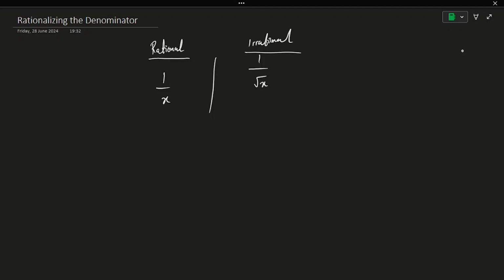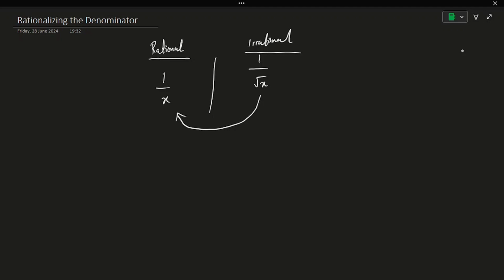So the main idea of rationalizing the denominator is making sure that you are moving from a denominator that has a square root to a denominator that doesn't have a square root. Most of the time when you are rationalizing the denominator, you'll be moving from a denominator that has a square root to one that doesn't.